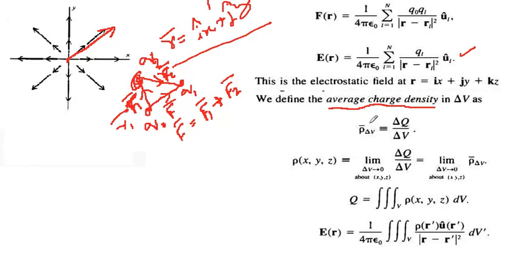We have rho of x, y, z, because we are now dependent on the volume. Del V is the volume. So we are talking about charge by volume, and if we give a limit of del V tending to 0, then we bring this into calculus form, differential form or integration form.